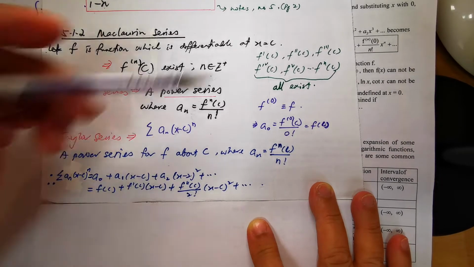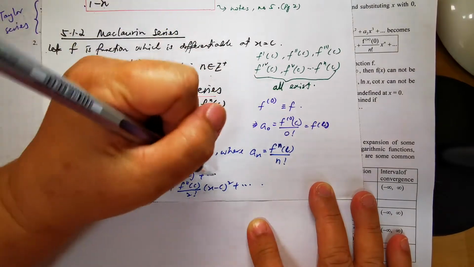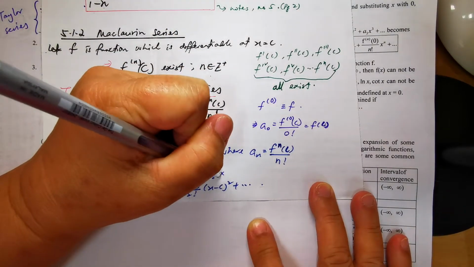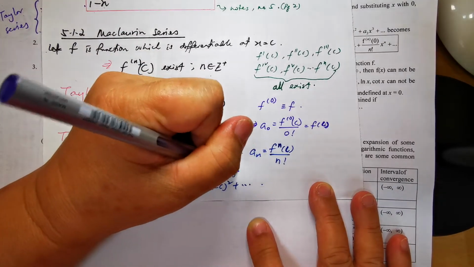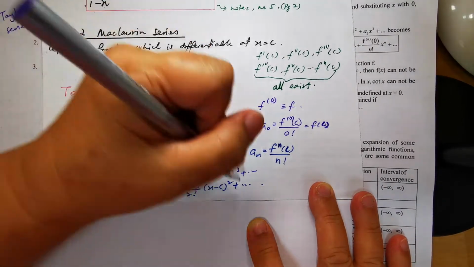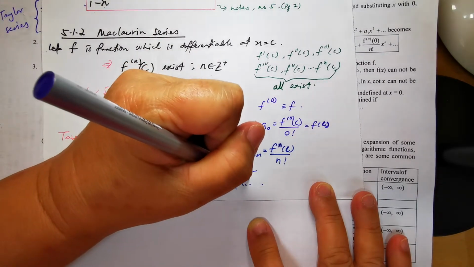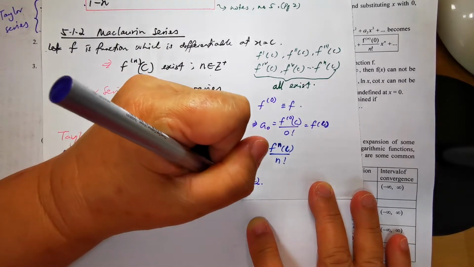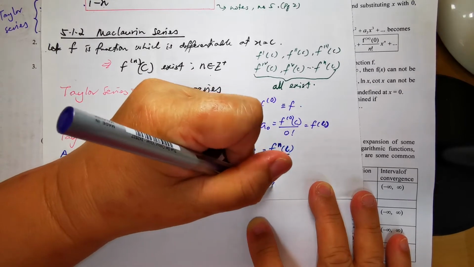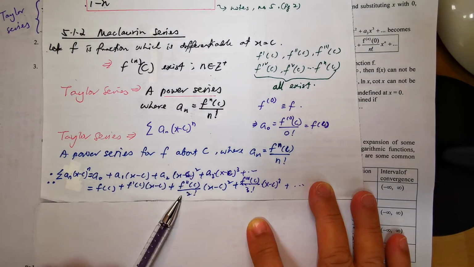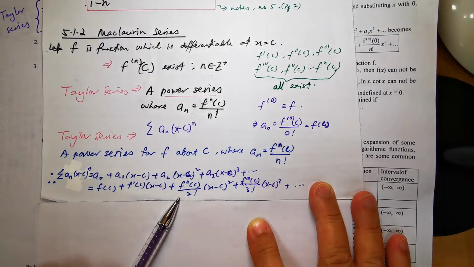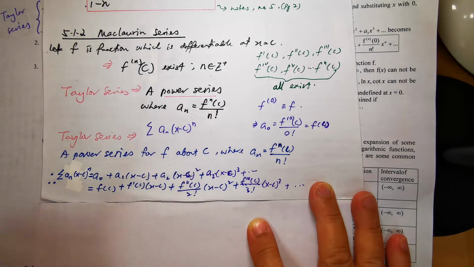Maybe we add one more, a3, so that you can see clearer. The coefficient will be f triple prime c over factorial 3, times (x minus c) cubed, plus dot dot dot. Yes, this is Taylor series for f about c.